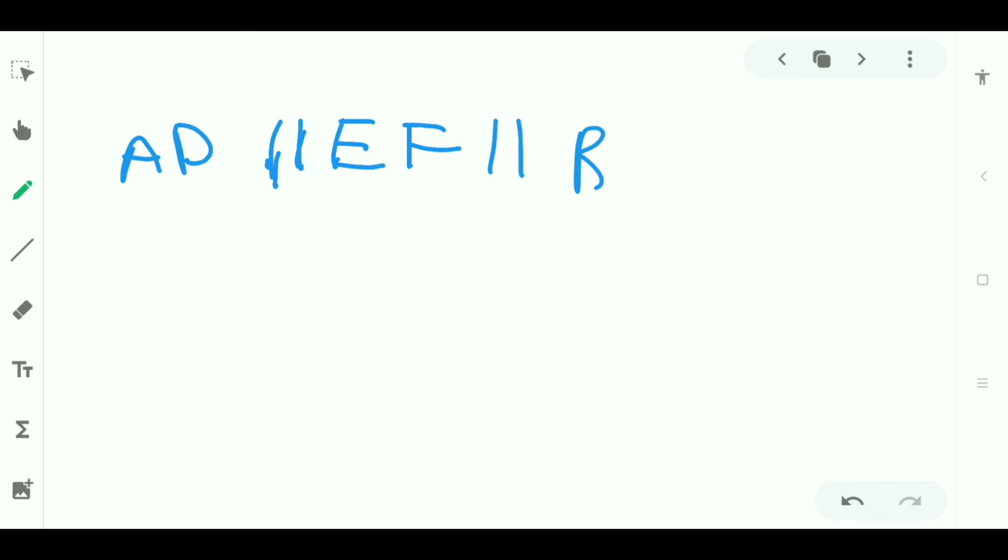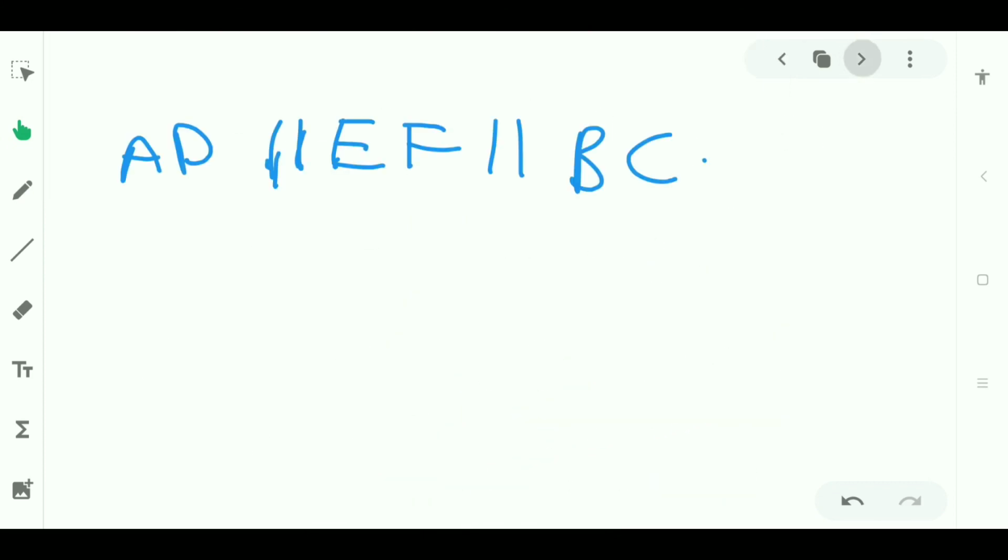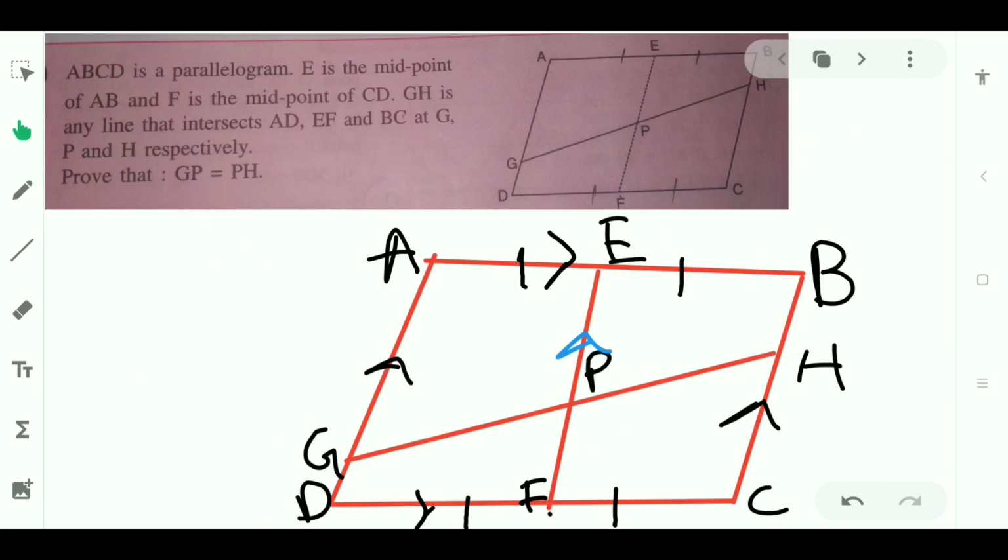Now by the equal intercept theorem, GH is a transversal, and we should prove GP is equal to PH.